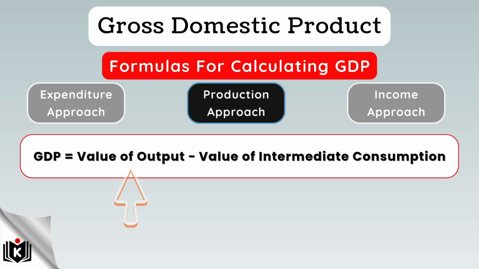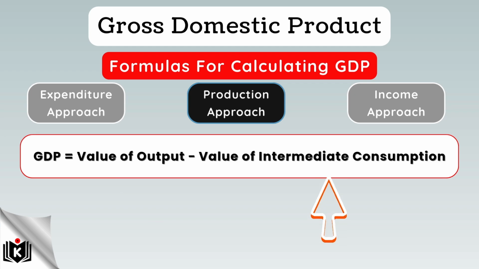In this formula, value of output is the total value of goods and services produced by all industries within a country. This represents the total value of goods and services produced within a country during a specific period. It includes both final products and intermediate goods used in production.